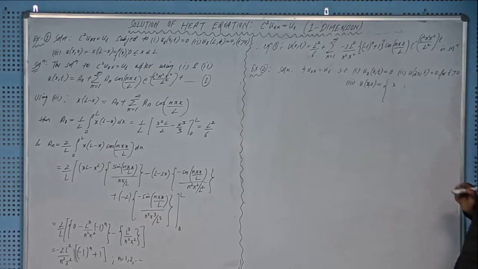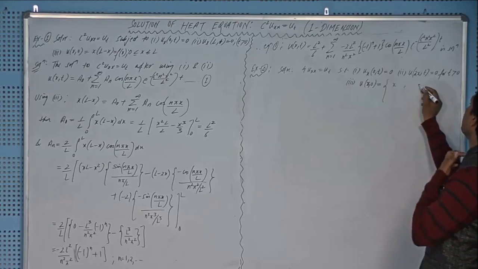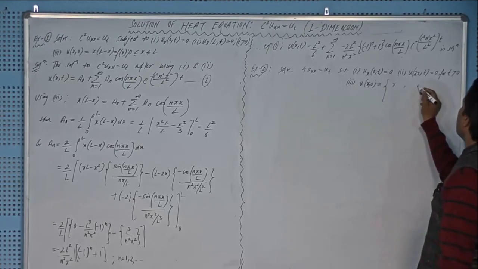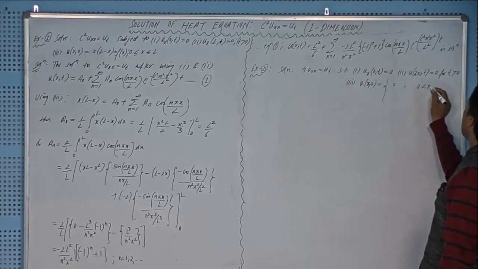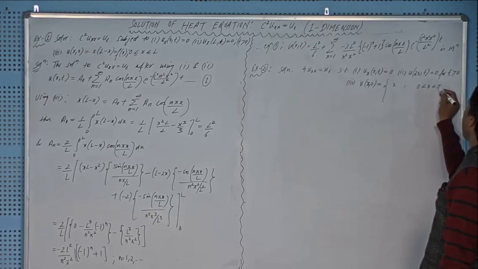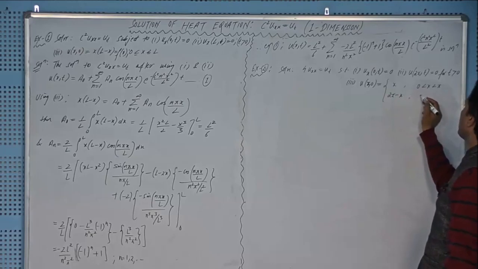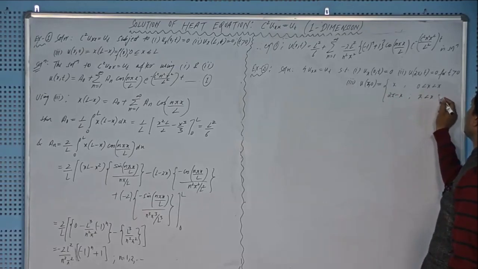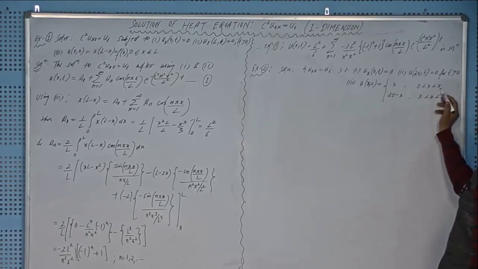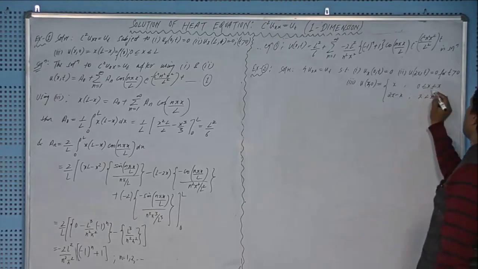Then this is x for 0 to pi and 2 pi minus x for pi to 2 pi. Let me check that it is continuous at pi. Yes, it is continuous.